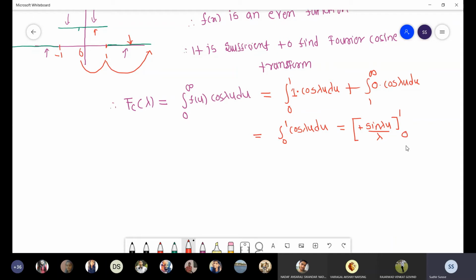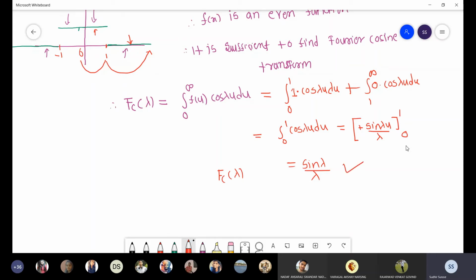So sine lambda u divided by lambda from 0 to 1. If I put the upper limit, replacing u by 1, we get sine lambda divided by lambda, and if I put the lower limit, it is minus sine 0, but sine 0 is 0. So simply we get f suffix c of lambda equal to sine lambda divided by lambda. That is the Fourier cosine transform.